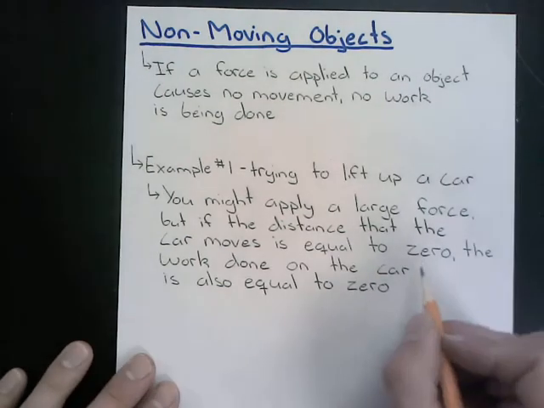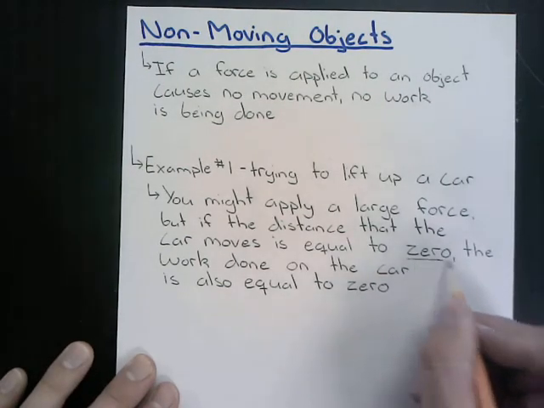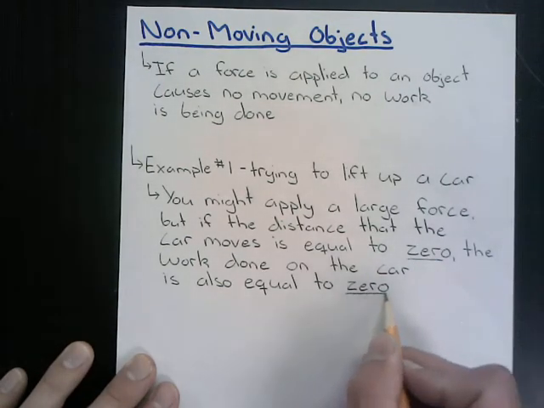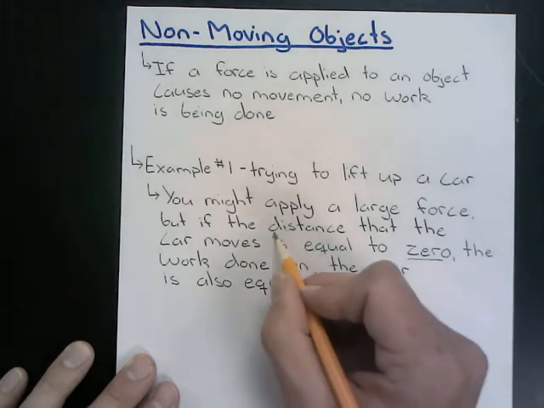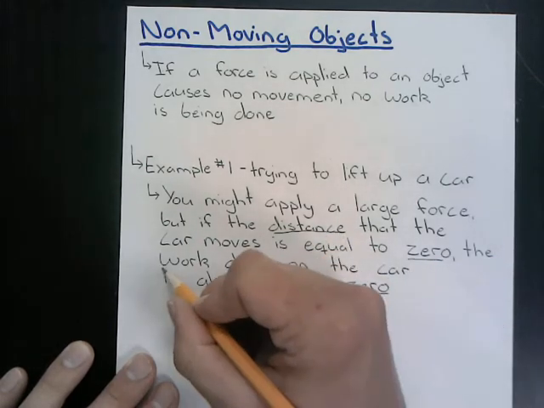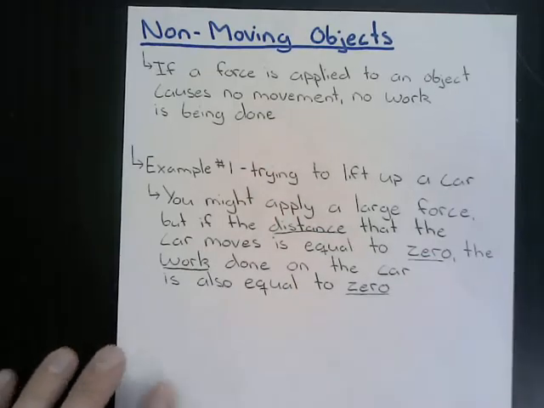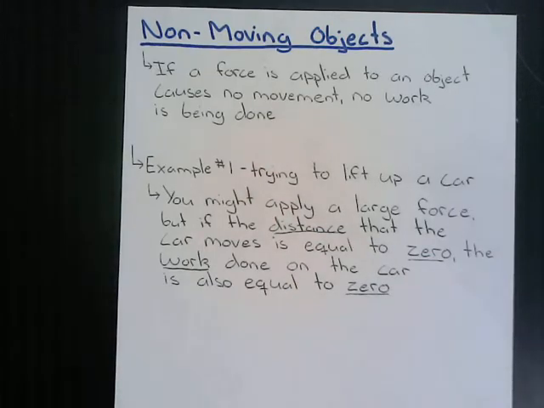Again, the key thing here: distance of 0 means work of 0. Once the car moves, even a small amount, you have now technically done some work on it.